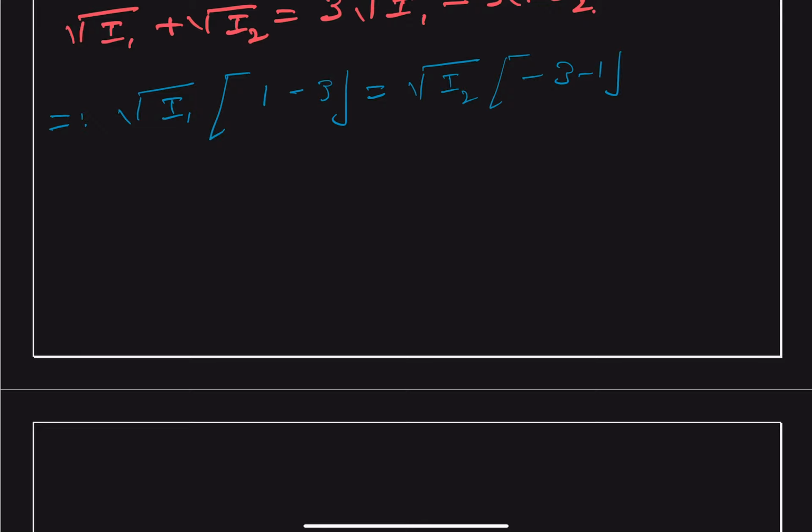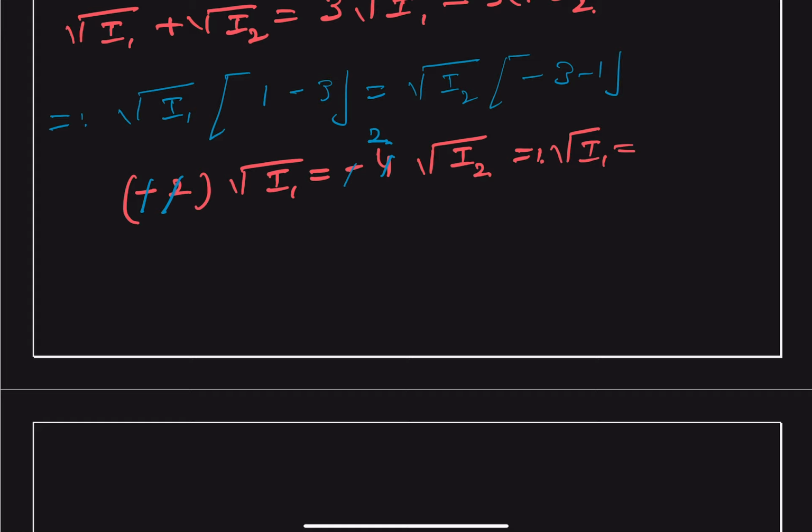On the left side we get minus 2 square root of I1 is equal to minus 4 square root of I2, and here the minus 2 goes by 2, which gives us square root of I1 is equal to twice square root of I2.